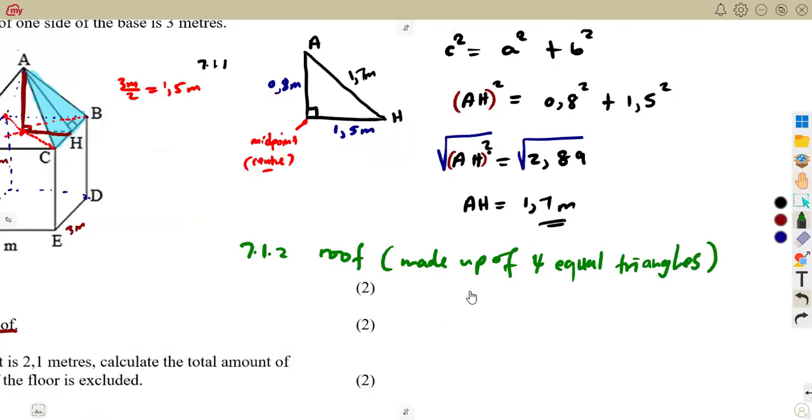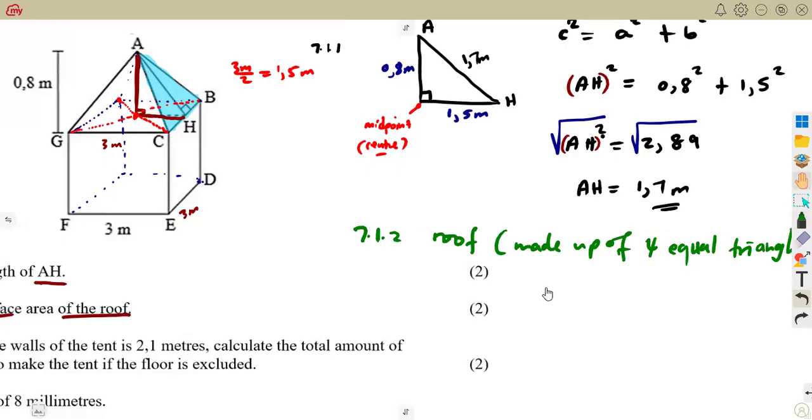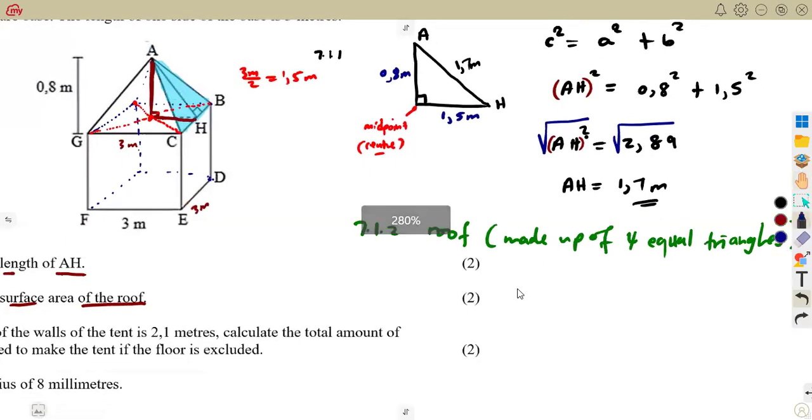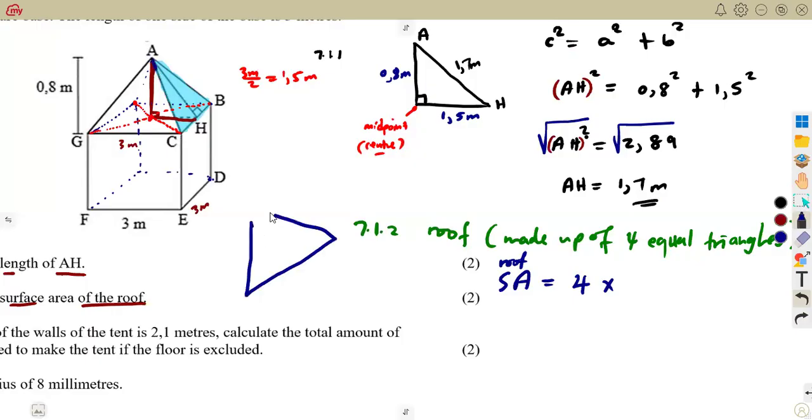So if it is made up of 4 equal triangles, therefore to calculate its surface area, I'm just going to write in short, surface area of the roof. It is going to be 4 times the area of one triangle. And as I said, we can use the triangle ACB, this one like this. We can see there's A, there's C, there's B.